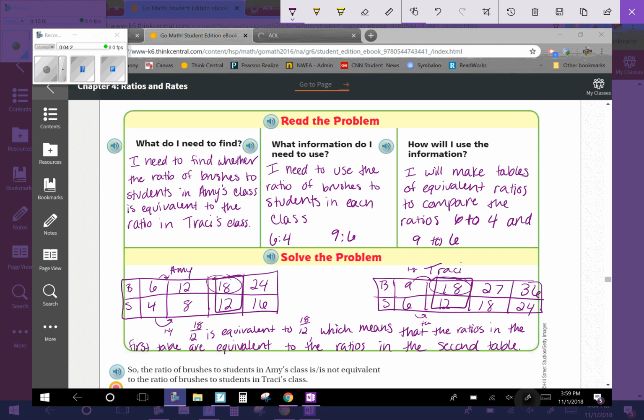So the ratio of brushes to students in Amy's class is equivalent to the ratio of brushes to students in Tracy's class.